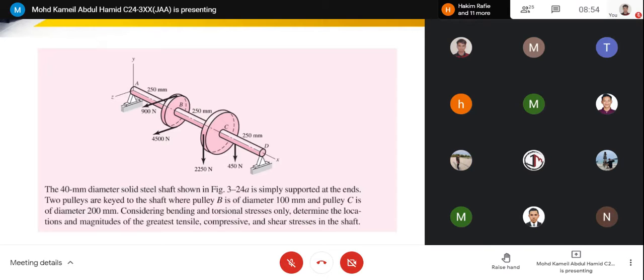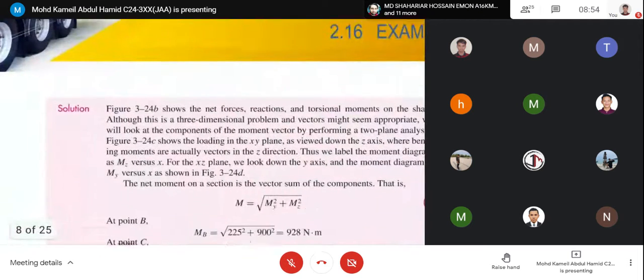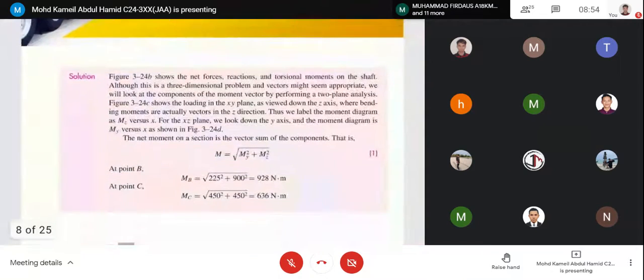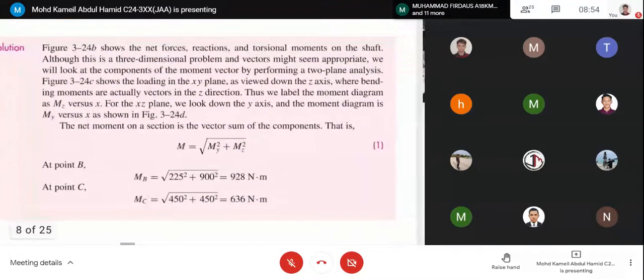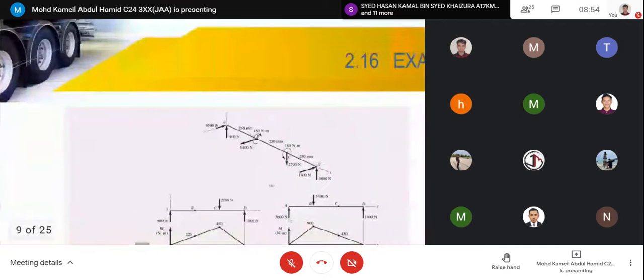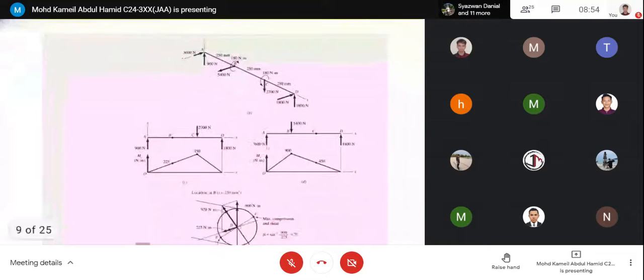Kalau this type of question, then you can go using the 2D punya approach. Okay, so solution tengok sikit. You can use the approach. Okay, this is the solution.